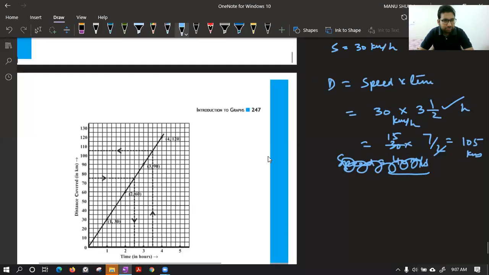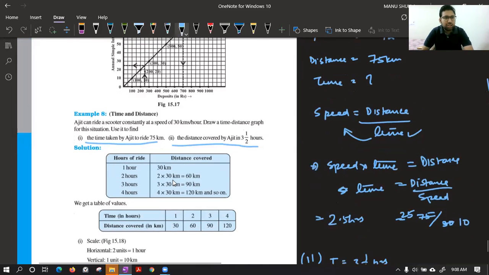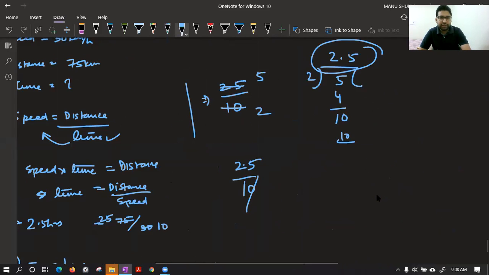Here also I think they have made the graph. Here also they have taken some cases in the first hour, second hour, third hour. Sir, show in second also. Okay, in seconds also.